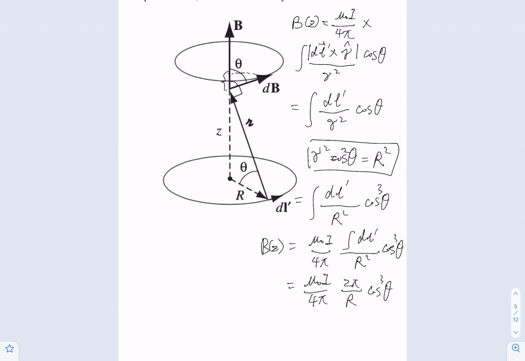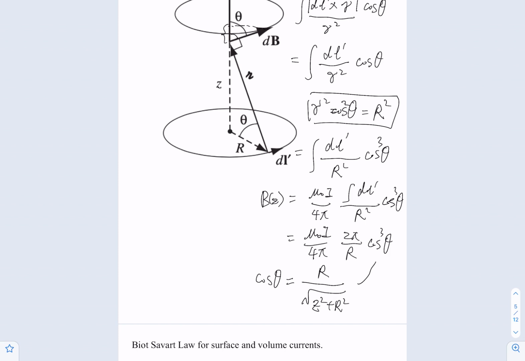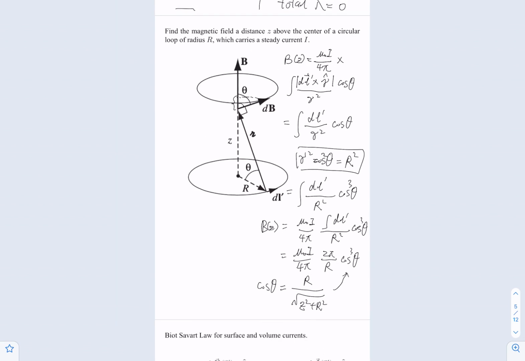And here this cosine theta can be re-expressed as r over the square root of z squared plus r squared. And now if you replace this cosine theta by this expression, you get the final result of the B field.